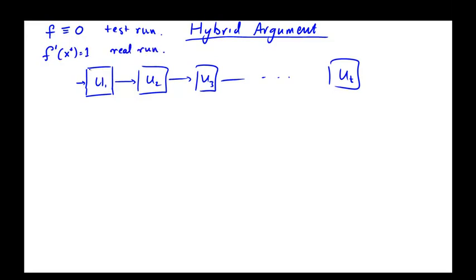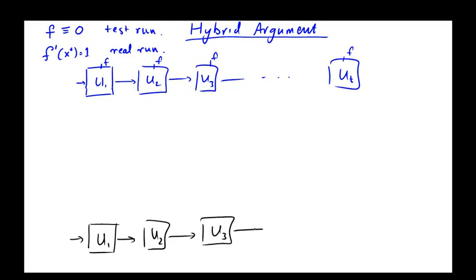Okay, so let's say up here we have the test run, whenever it calls an oracle, whenever it calls f. And then down here we have the real run of the algorithm, where whenever we make a query to f prime.